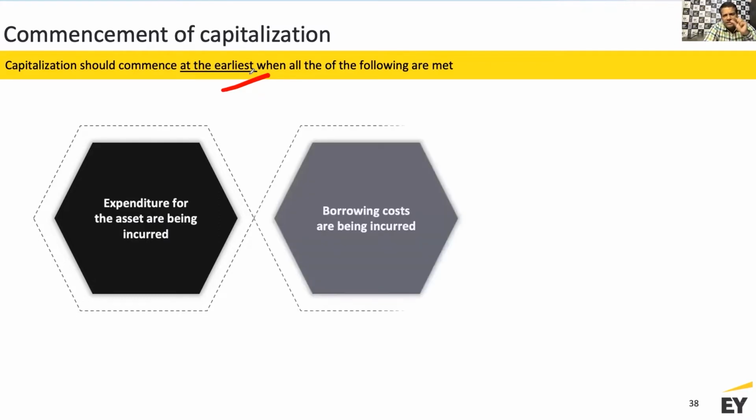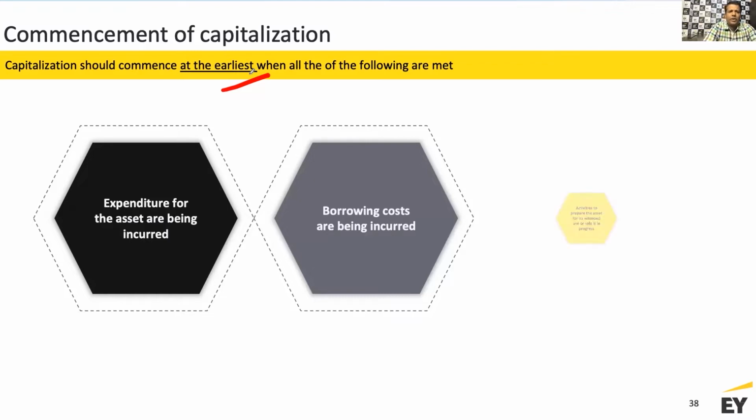So is there expense you have started incurring? Are you incurring the borrowing cost? So have you started spending money on account of interest, right? In general, you are not supposed to start capitalizing unless you have an interest expense in your P&L. So you need to have an interest expense in relation to your liabilities.